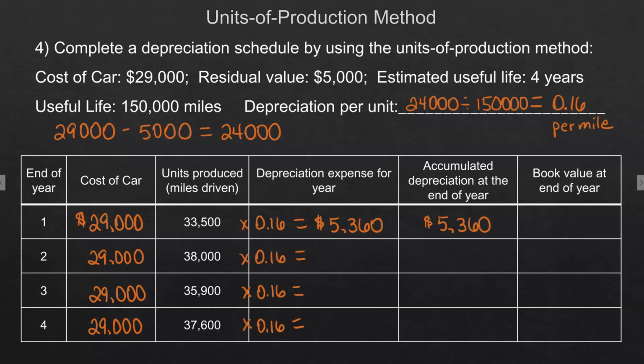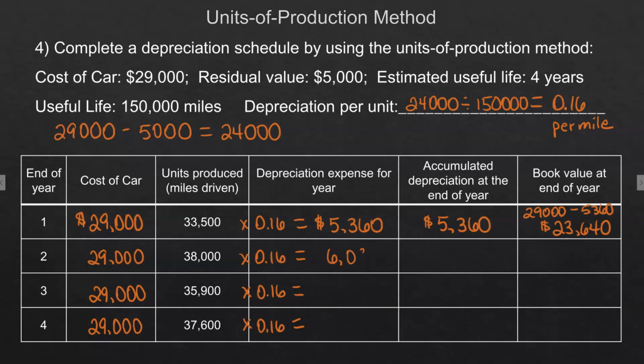And at the end of the year, for the first year, we get to take $5,360 in depreciation. We subtract that from the book value. So we take 29,000 and subtract 5,360. So my new book value at the end of the year is 23,640. And that's the process. We find the amount of depreciation, we subtract that from the book value to get the new book value for the year, we add it to the accumulated depreciation, and we just go through this process step by step.